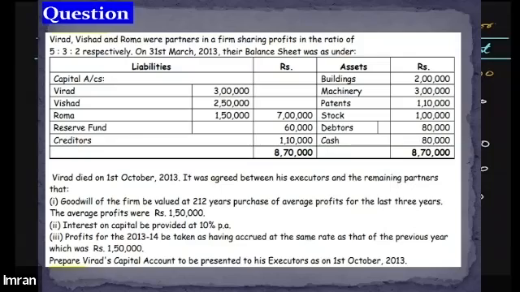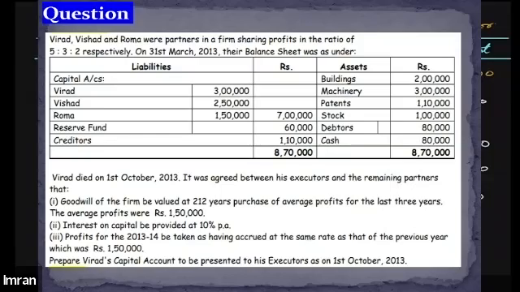Okay, coming back to the question, adjustment third. It says profit for the year 2013-14 to be taken as having accrued at the same rate as that of the previous year. So the question is saying that we need to assume that profit in the year 2013-14 will remain the same as it was in the previous year, which was 1,50,000. So it is going to be the same in 2013-14 as well.